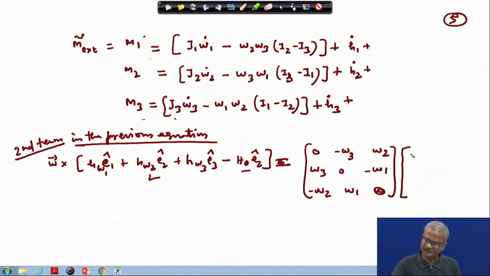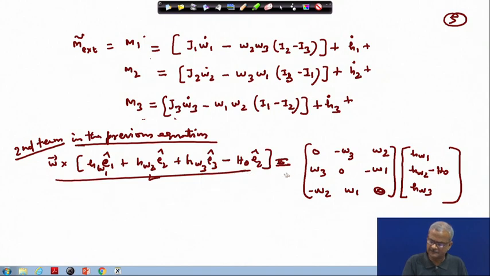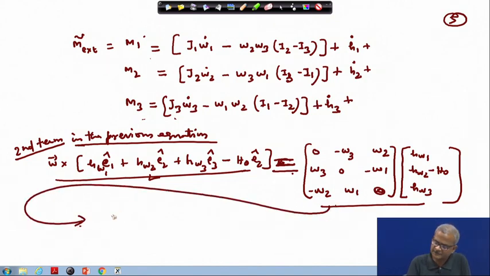So, this vector is H w1, then H w2 minus H0, and H w3. Okay. So, this part is equivalent to this in the matrix format. From this place it is easy to write it like this, and therefore, I am writing it this way.